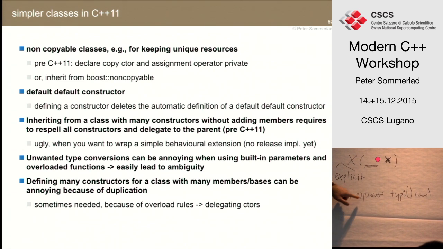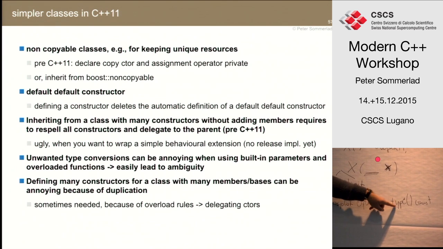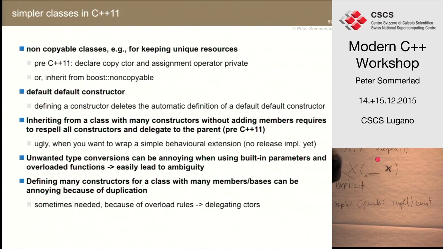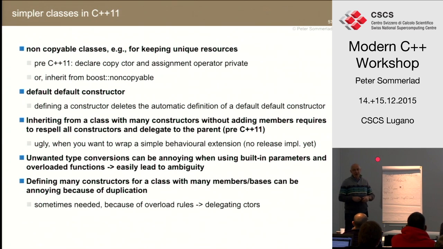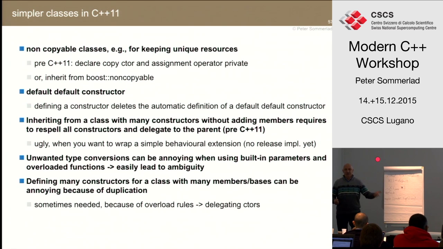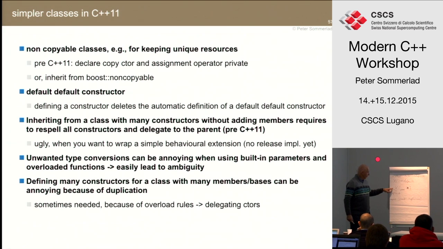People were using overloading operator void star to have a bool conversion, for example, that wouldn't participate in any kind of strange integer arithmetic, which a non-explicit operator bool would. So you could add something to, let's say, an iStream and add a 5 if the iStream had a non-explicit operator bool overload.